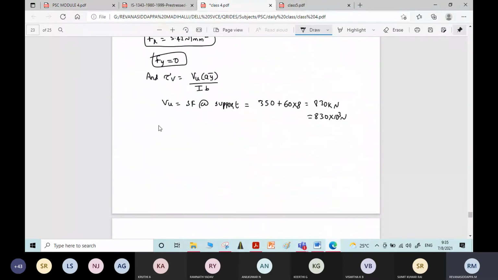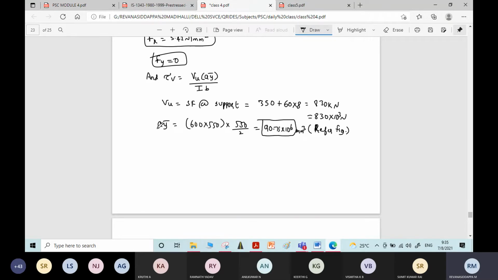A y bar is equal to area 600 by 550 into y bar, half of 550, that is 550 divided by 2. How much will you get for A y bar value? Refer figure. 90.75 into 10 power 6 mm cube.